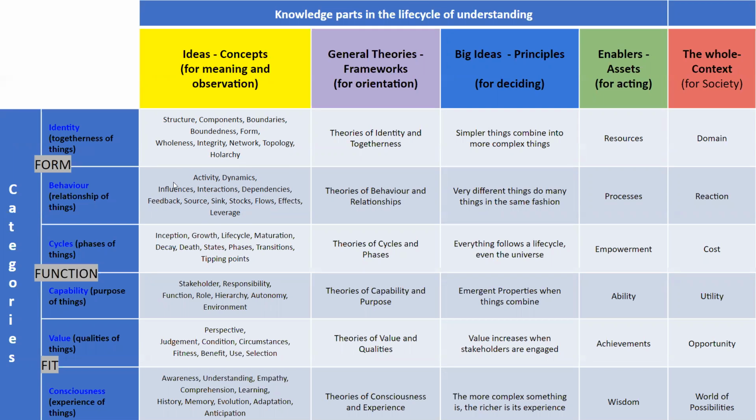These concepts here relate to the behavior and the relationships of things. These are concepts related to cycles, to capabilities and the purpose of things, the value of things, and consciousness and the experience of things. So this is a way of clustering and capturing all of these different concepts in a way that they can be related together.